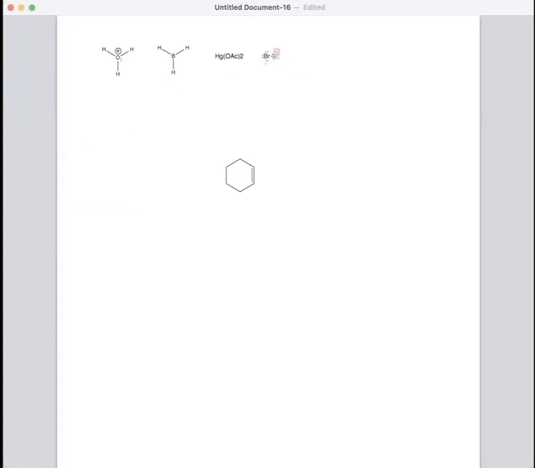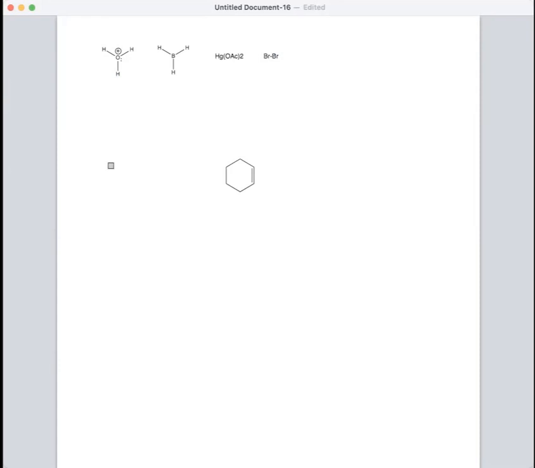So that was another reaction we studied in class. And then we also studied the addition of bromine with nucleophilic solvents, like for example water, to form halohydrins.